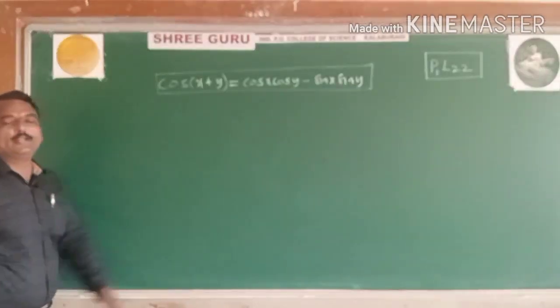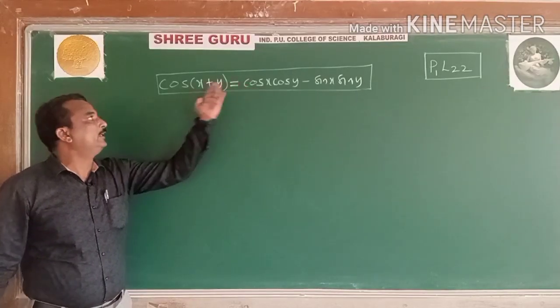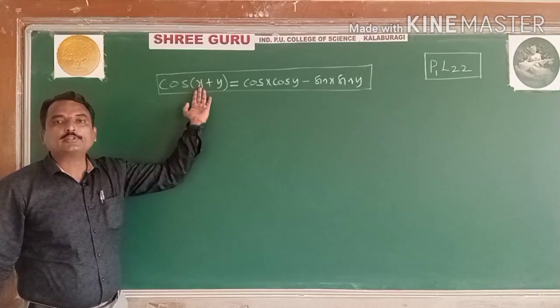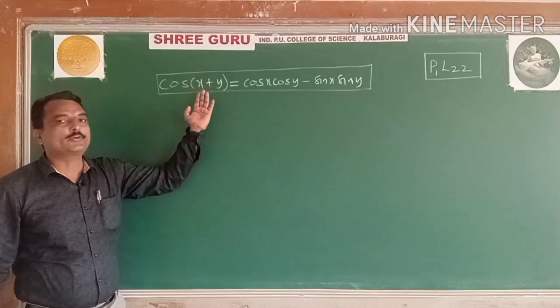We have proved this result geometrically, and using this result we have calculated the sum and difference of cos, sum and difference of sine, sum and difference of tan, sum and difference of cot formula.